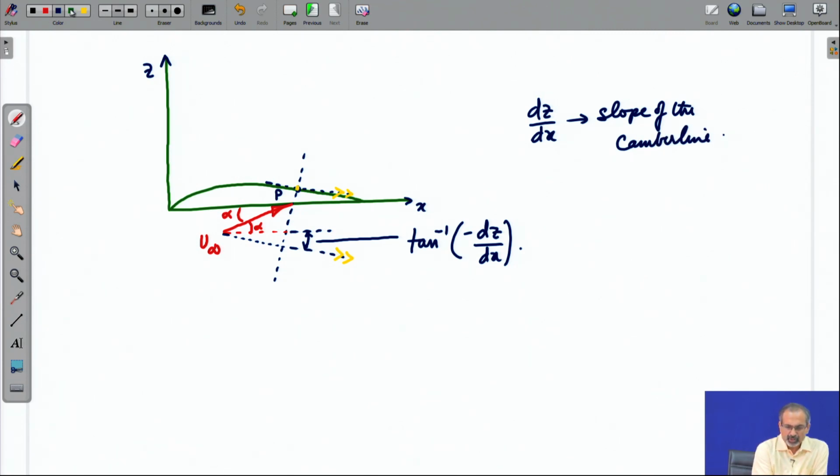Now, if you were to look at the normal component of the free stream velocity, then you have to account for this entire angle, and you will have to take sine of that angle.